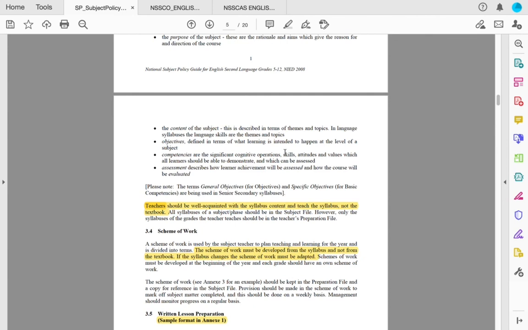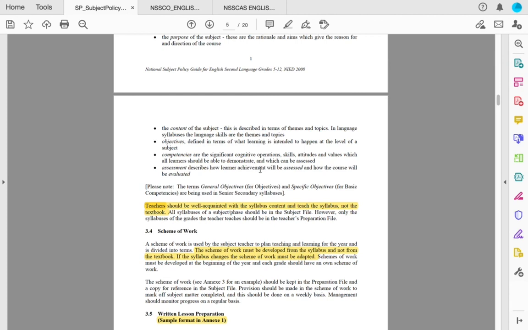So these are the skills, the attitudes, the values that the learners need to get from the lesson, they need to demonstrate that they have acquired that, and then you will assess them. And then we have got the assessment part, which is how you are going to evaluate or assess whether the students have attained this.